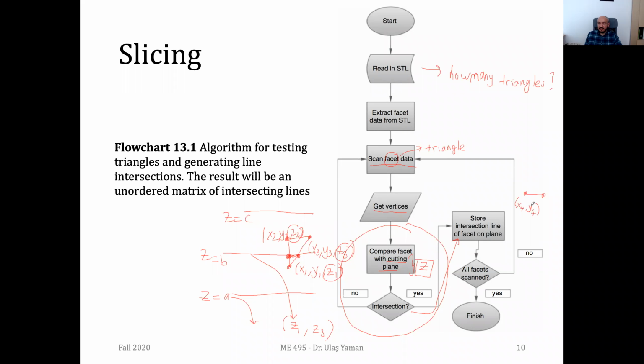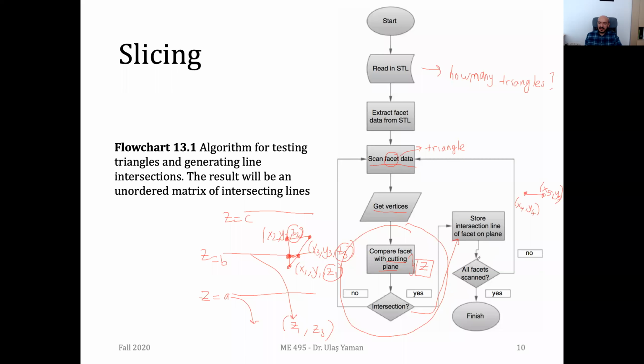And I don't need to store z since they will have the same value as the slicing plane. And this is x5 and y5. I need to store them somewhere so that later I will process these intersecting portions and join them together so that I will have the proper complete contour.